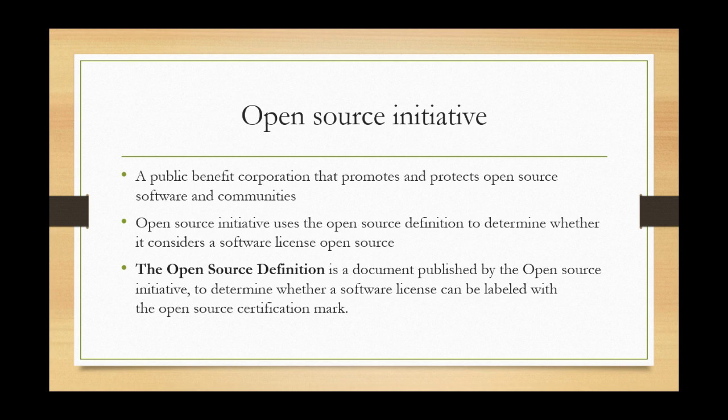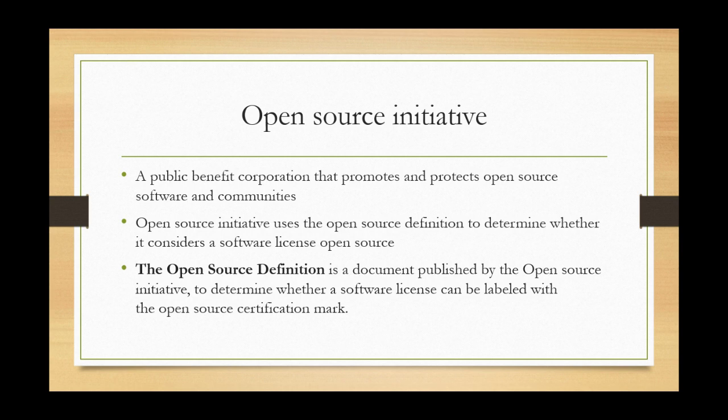Speaking of the open source definition, in fact, it is a public document that is published by the open source initiative organization to determine whether a software license can be labeled with the open source certification mark.